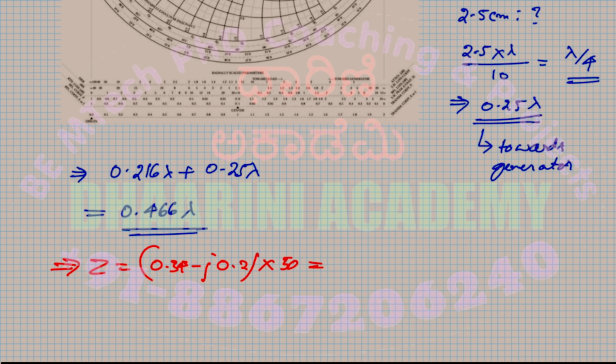Convert that, 0.34 into 50, 17, minus j, 0.2 into 50, that's what you are doing. So 10. So I guess you should get a 10. Okay, so that's the first part.